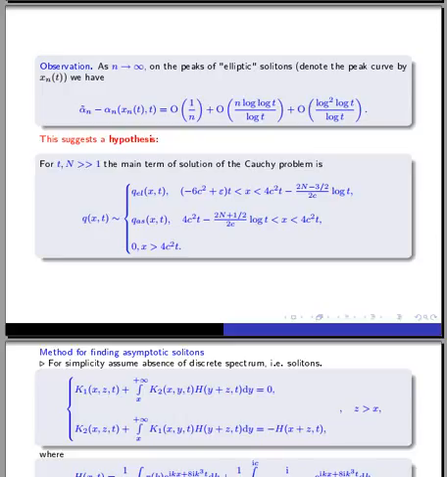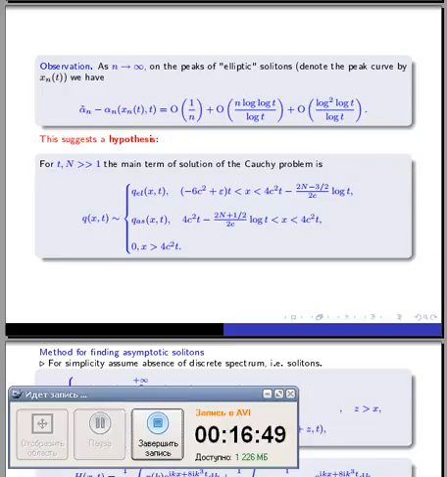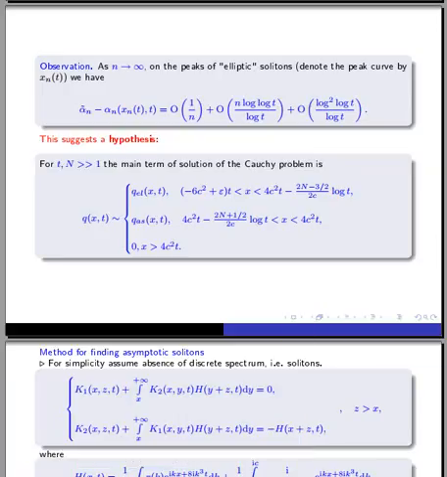Now I would like to describe briefly Hruslov's methods for finding asymptotic solitons, then the method for finding modulated elliptic asymptotics, and how to decompose the elliptic wave into a train of soliton-like terms in the vicinity of the leading edge.